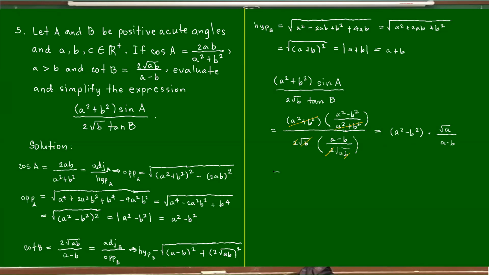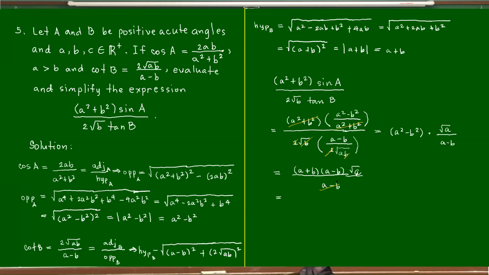Take the reciprocal. So that is equal to A squared minus B squared, which can be further factored into A plus B, A minus B, all over, what is the denominator? So times square root of A, all over A minus B. So this is cancelled.